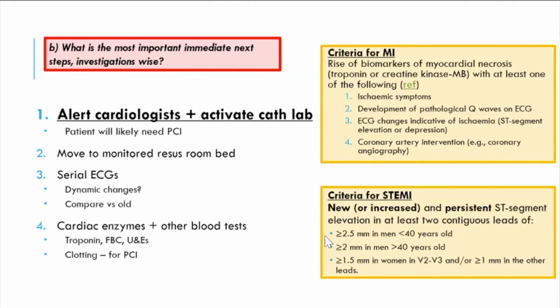And you want more than, this is assuming a normal calibration, more than 2.5 small squares high in men less than 40 years old, more than 2 small squares high in men more than 40, and more than 1.5 small squares in women in V1, V2 and V3, sorry, or simply 1 square high in the other leads is enough.